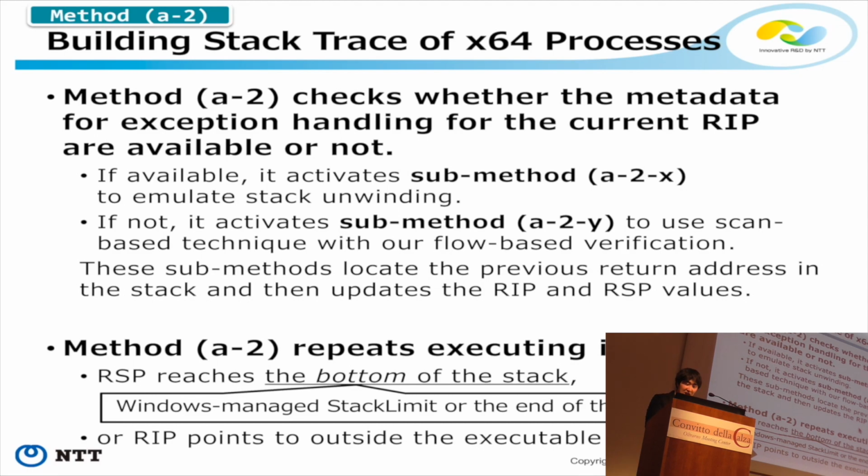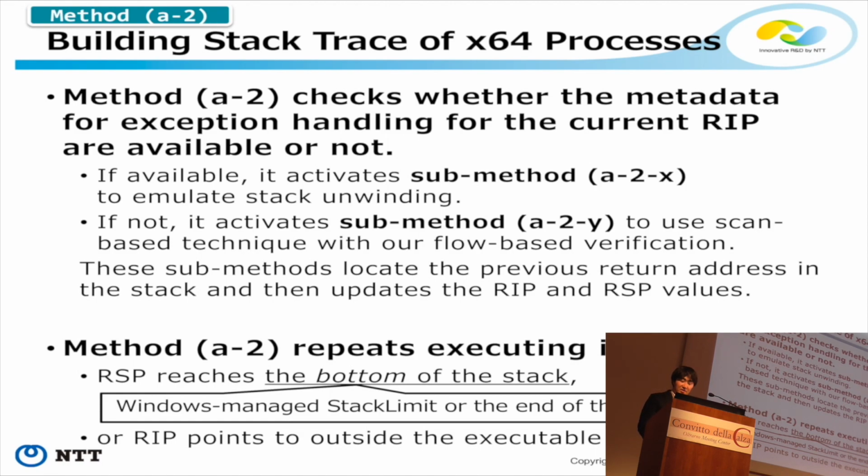Next, our method checks whether the metadata for exception handling for the current RIP is available or not. And then it activates the proper one of these sub-methods. Our method has two sub-methods, for emulating stack unwinding and for flow-based verifications.